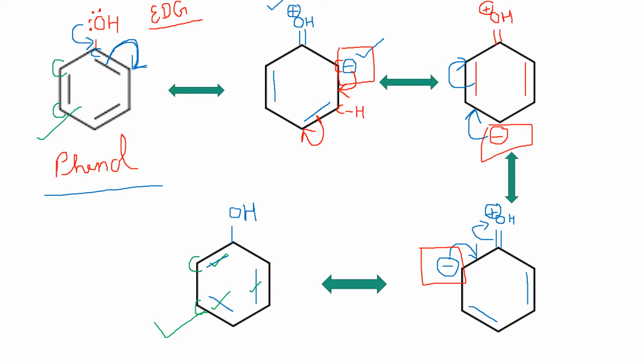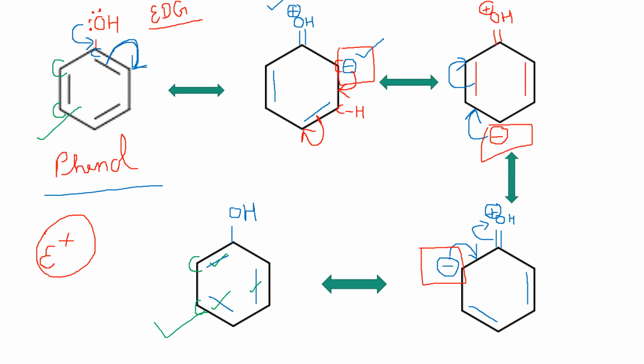So if anything has electron deficiency, we call that an electrophile. If any electrophile is coming and attacking on phenol, it's very clear that electron density is concentrated at ortho and para. So that electrophile will come and attack at ortho and para. This is how we justify that if phenol is undergoing an electrophilic substitution reaction, then why only ortho and para products are obtained?